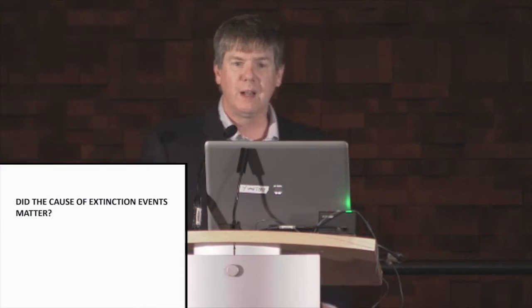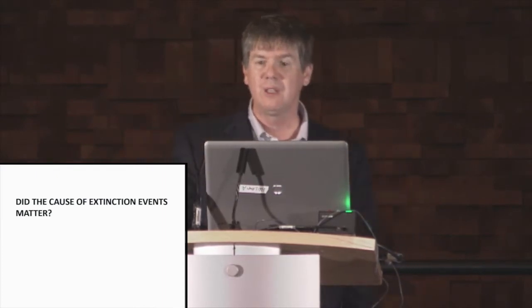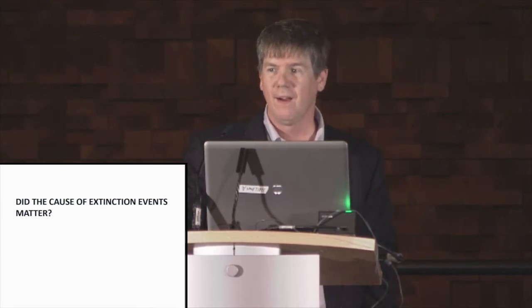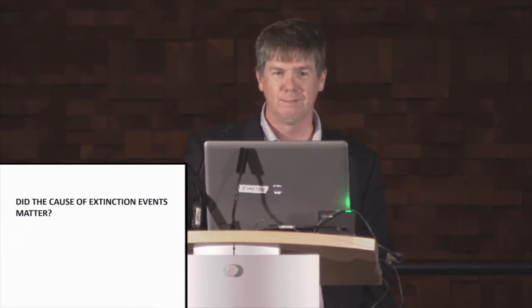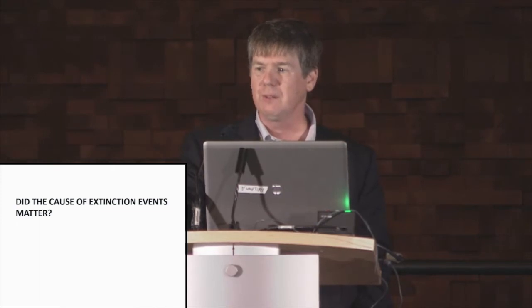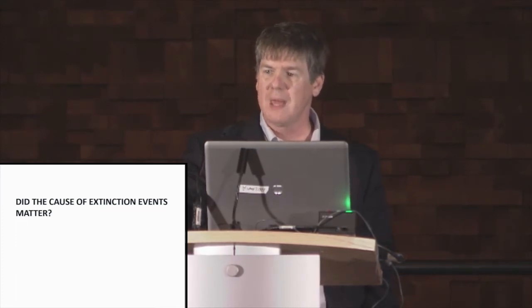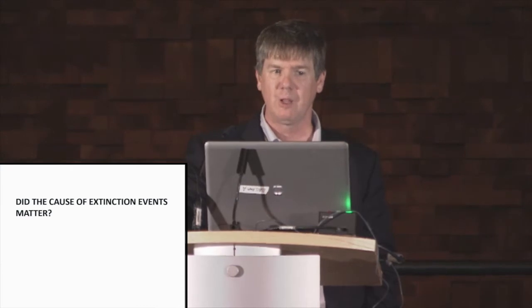So the question that I'm going to pose today is, did the cause of these events actually matter? This should annoy most of you, probably. The argument I want to make, or I'll try to make here, is that what's actually interesting, given some recent papers that look at the duration of these events, may be the way that ecosystems fall apart.